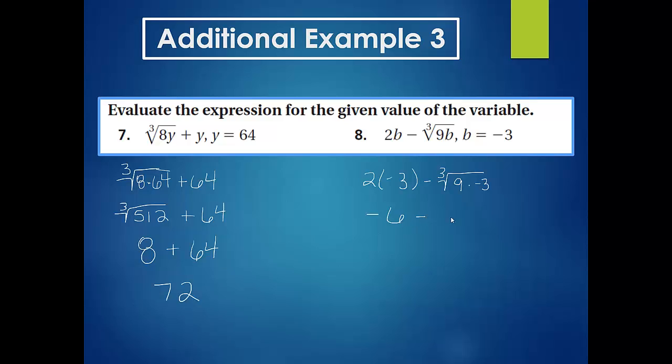And then I have minus the cube root of negative 27. The cube root of negative 27 is negative 3. So I have negative 6 minus negative 3. This would be negative 6 plus 3, which is negative 3.